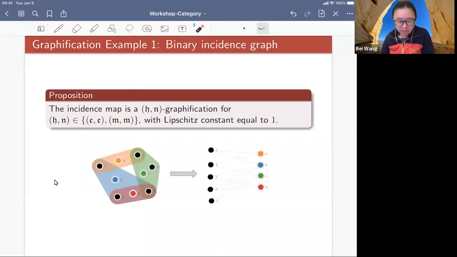This is good, meaning that if I take the binary operation, there are settings where I don't morph the underlying space too much.